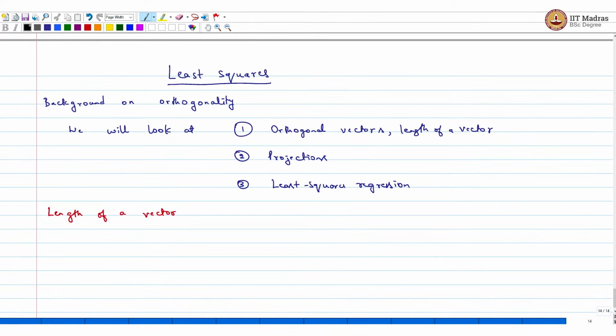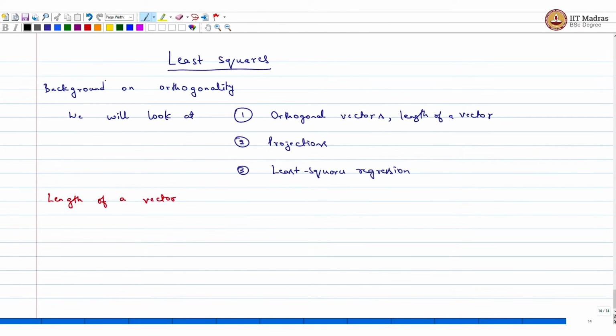Let's say imagine you have some vector (1, 2). So this is the vector (1, 2) that I have drawn to the best of my abilities.